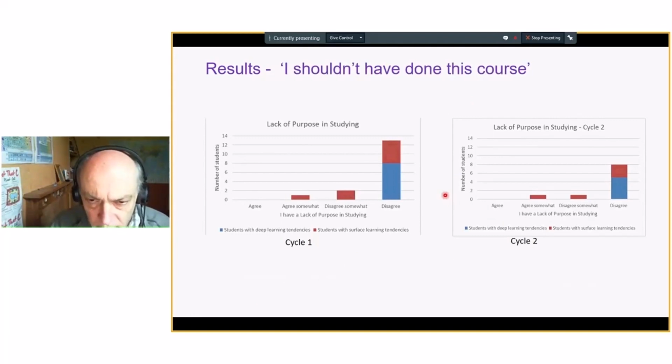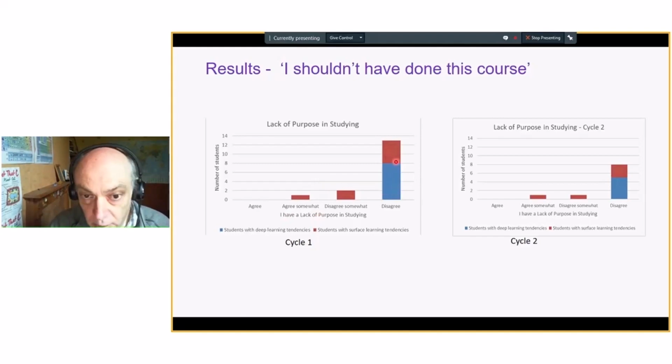This is an interesting aspect that I found. When I was looking at motivation of students as part of the study, one of the questions was, I shouldn't have done this course. Some students who had surface learning tendencies agreed to some extent that they shouldn't have done the course. They were the only students who did.